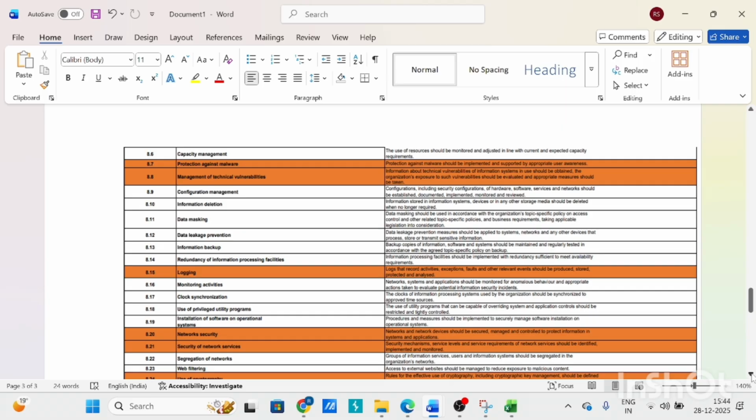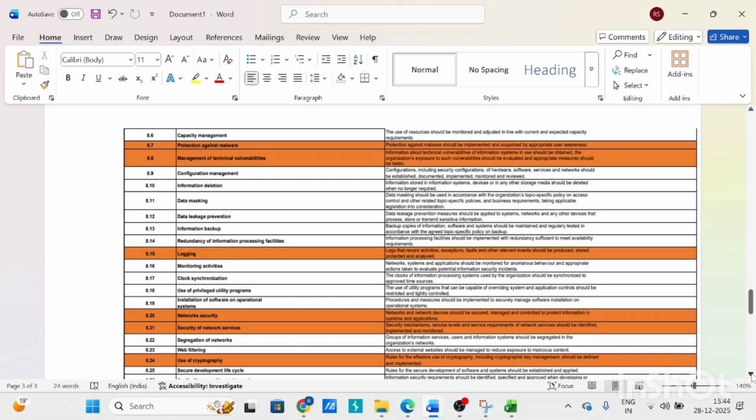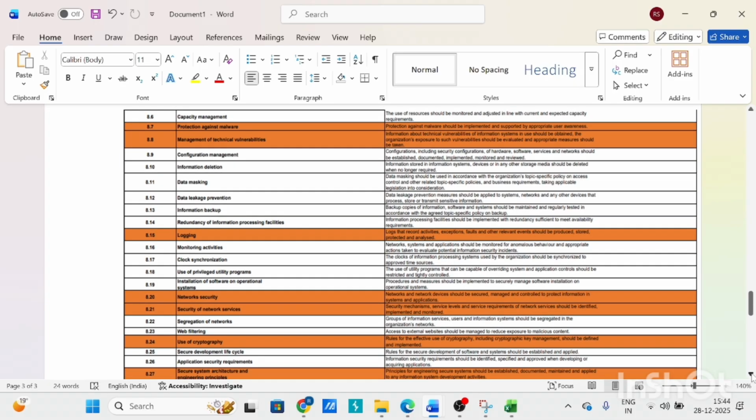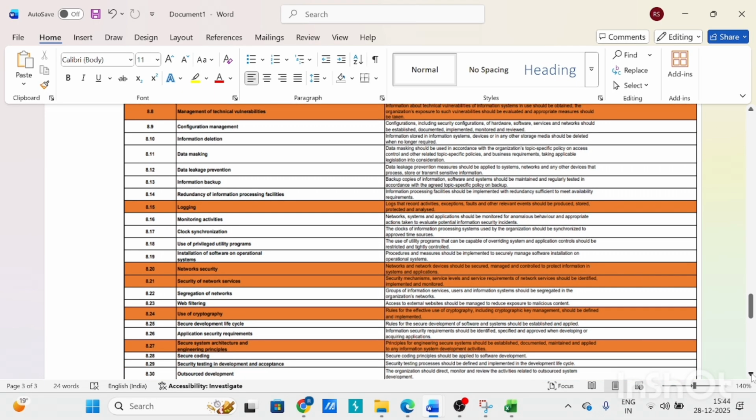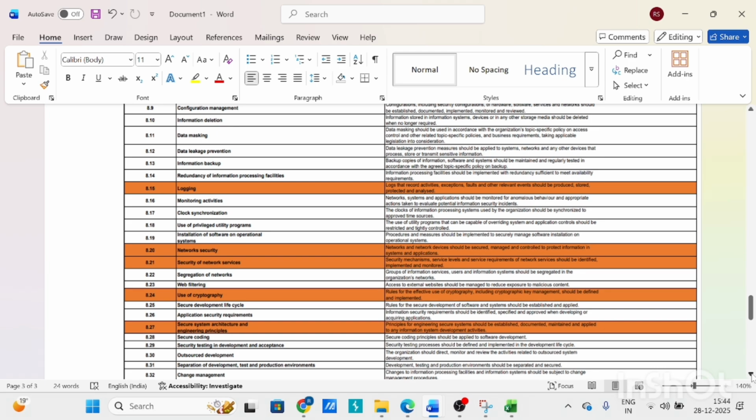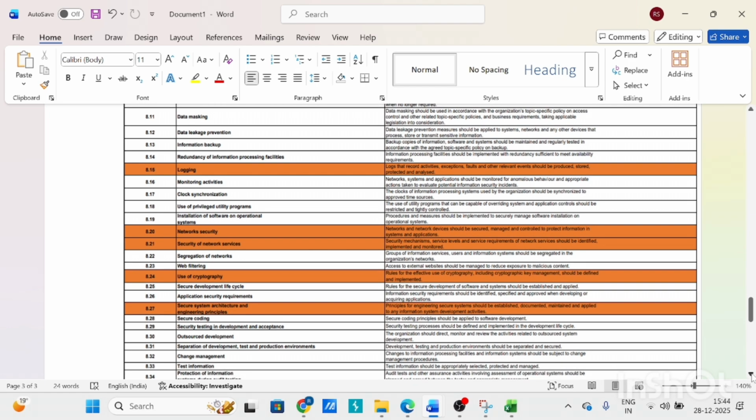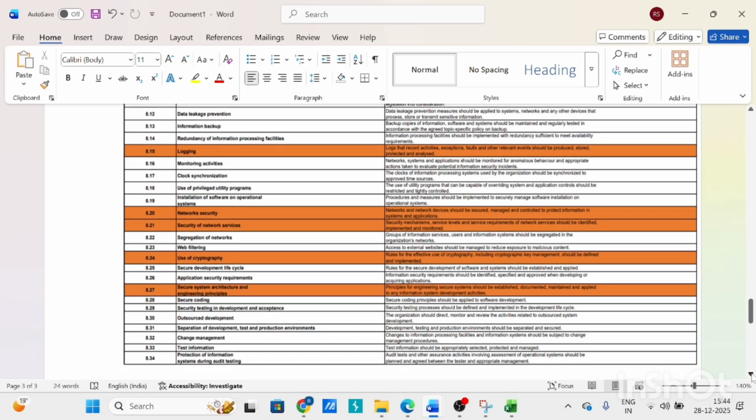Web filtering is the new control added in the latest version of ISO 27001. Access to external websites should be managed to reduce exposure to malicious content. Use of cryptography comes under 8.24, where rules for the effective use of cryptography, including cryptographic key management, should be defined and implemented. 8.25 comes under the SDLC, the secure development lifecycle.